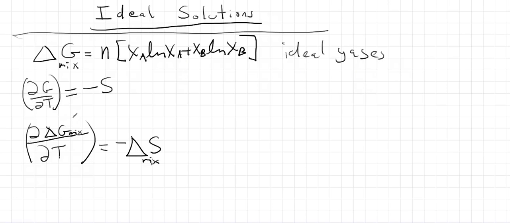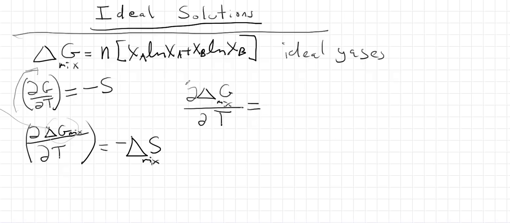Well, we have this expression up here for delta G of mixing. Why don't we just take a derivative of that with respect to temperature?